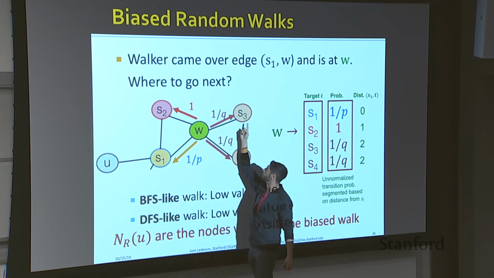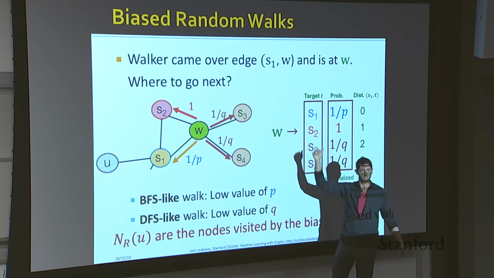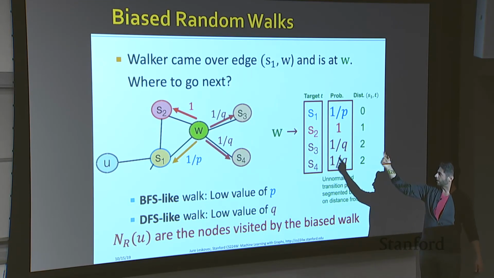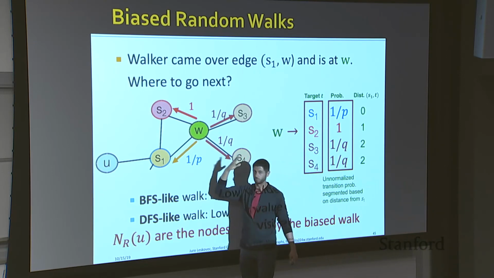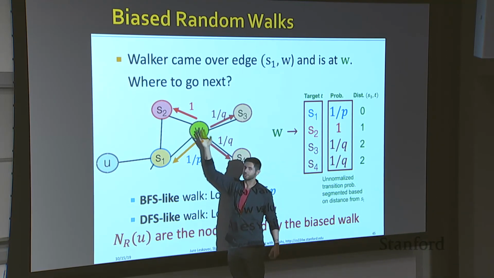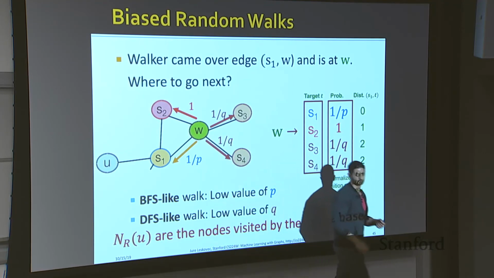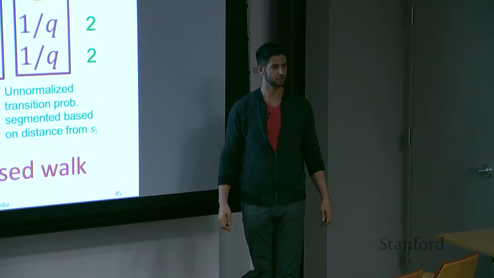Instead here, if you move outside, then you start performing a DFS basically. Make sense? And the reason why you have only one parameter is because, given that these are normalized probabilities, you can always set the BFS edges to 1 and then express the other one as a ratio. So you don't need 2 parameters in that case. Thanks, great question. Anything else?